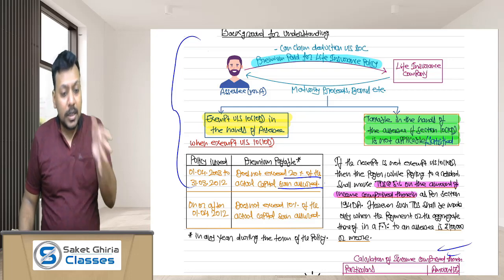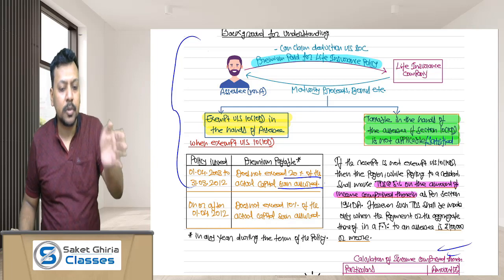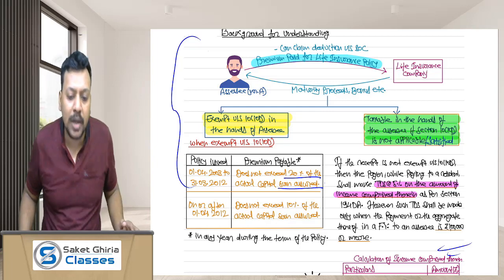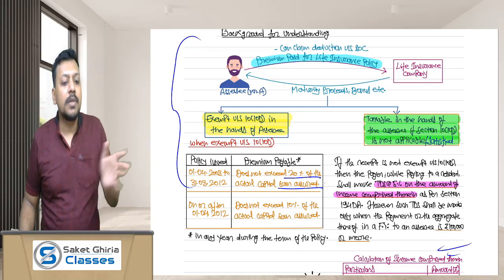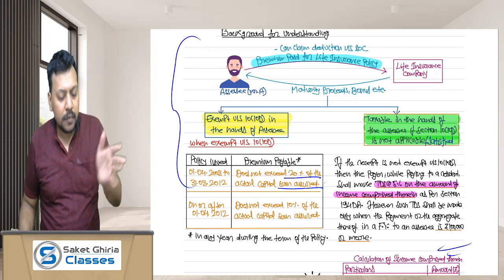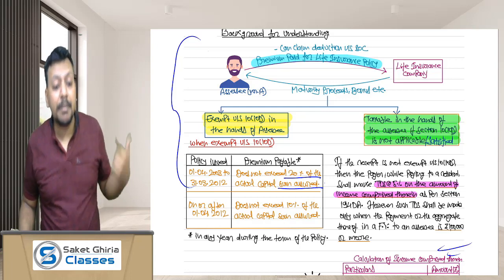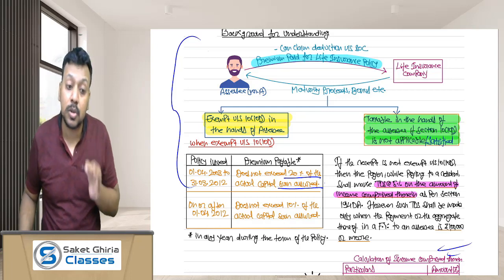Are you guys getting it? It means if you have taken the policy up to 31/3/2012, you can pay a maximum of 20% of the actual capital sum assured as premium. But if the policy has been taken with effect from 1/4/2012, then the maximum amount that you can pay as annual premium is 10% of the actual capital sum assured under the policy.